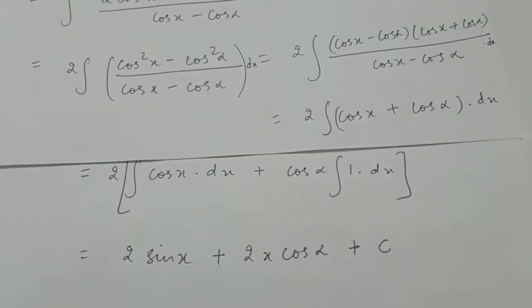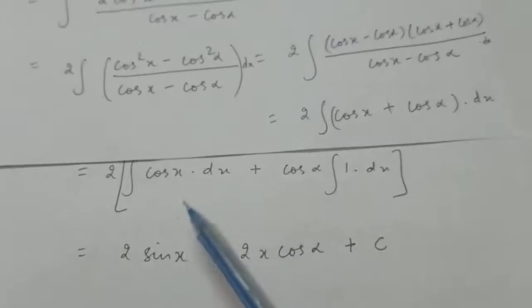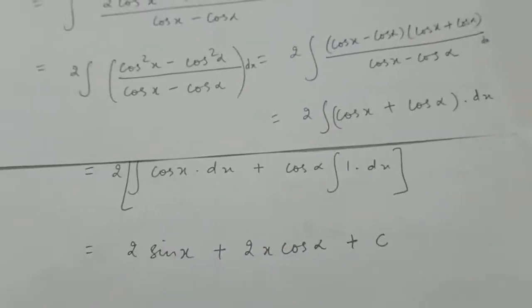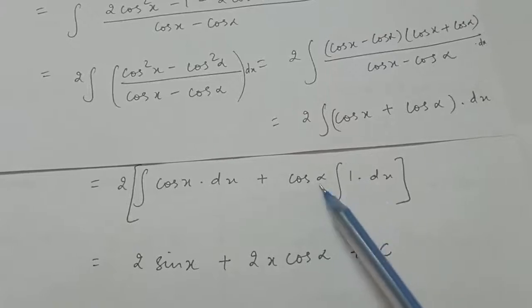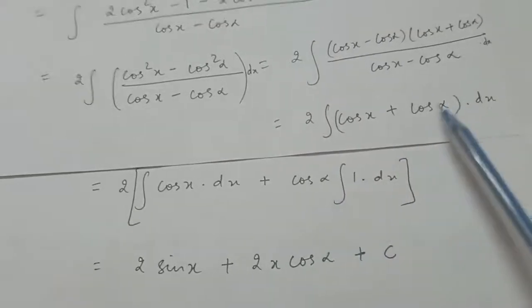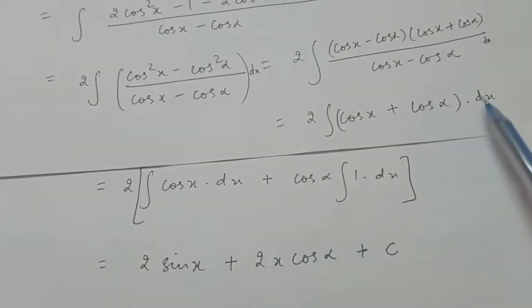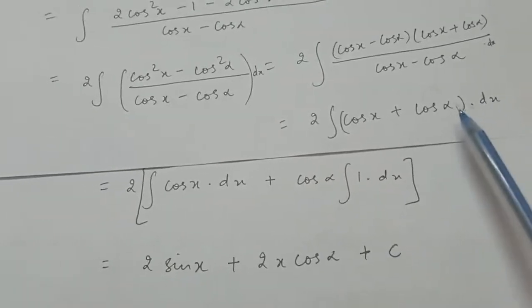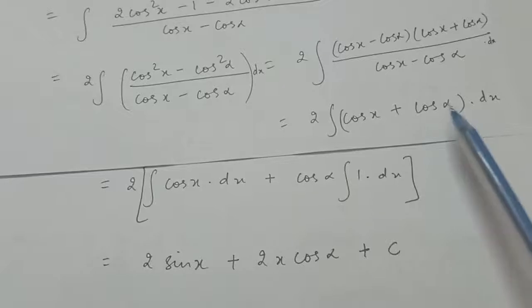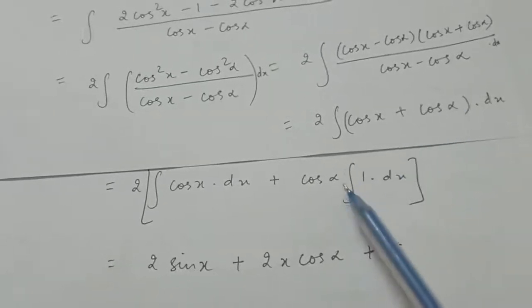Now this can be written as 2 into integral of cos x plus cos alpha outside from the integral. Why? Because we are integrating this function with respect to x, so the variable of the integration is x. Therefore cos alpha will be treated as constant, right?